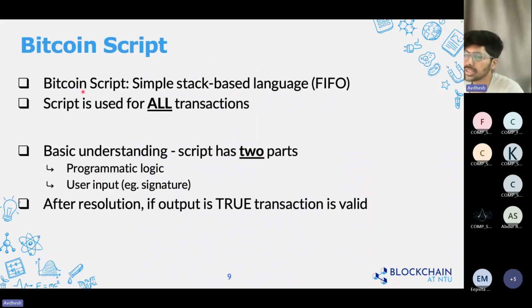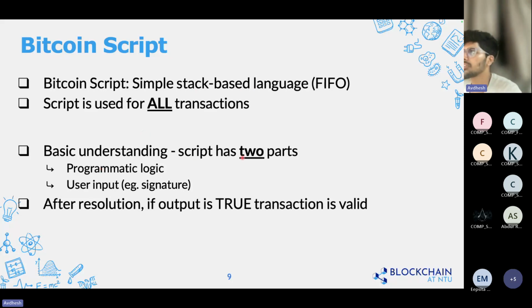The second limitation is that Bitcoin uses Bitcoin script, which is a very simple language. It's not really a language, it's just a script, kind of like a shell script, and it uses a simple first in first out stack-based language. Script is used for all the transactions in the Bitcoin ecosystem.